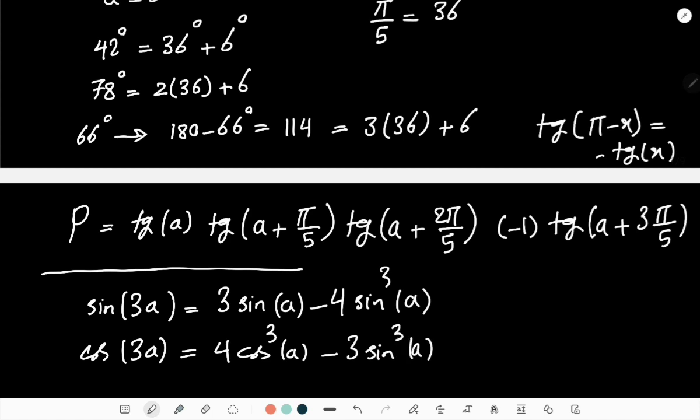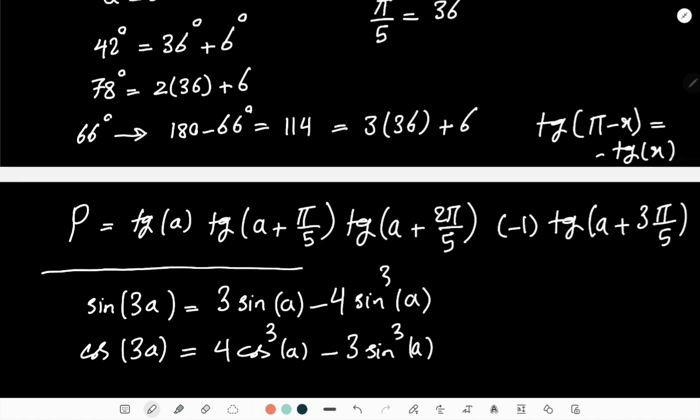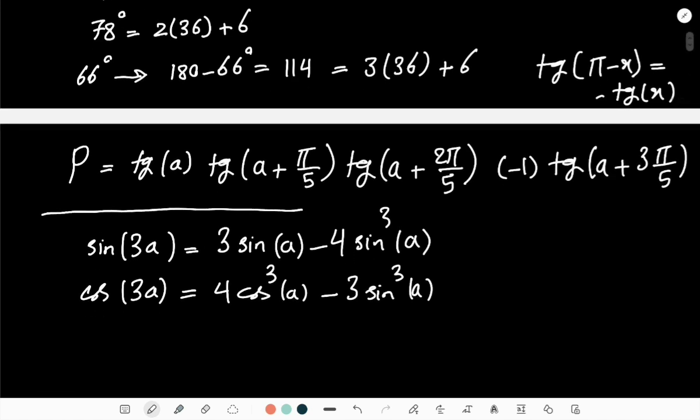So we have these formulas here, and next let's first look at this sine 3a. I'm going to look at the expression on the right side because it's an algebraic expression. What I will do is put sine of a equal to some new variable, I call it x. So what I will get is basically 3x minus 4x cubed.